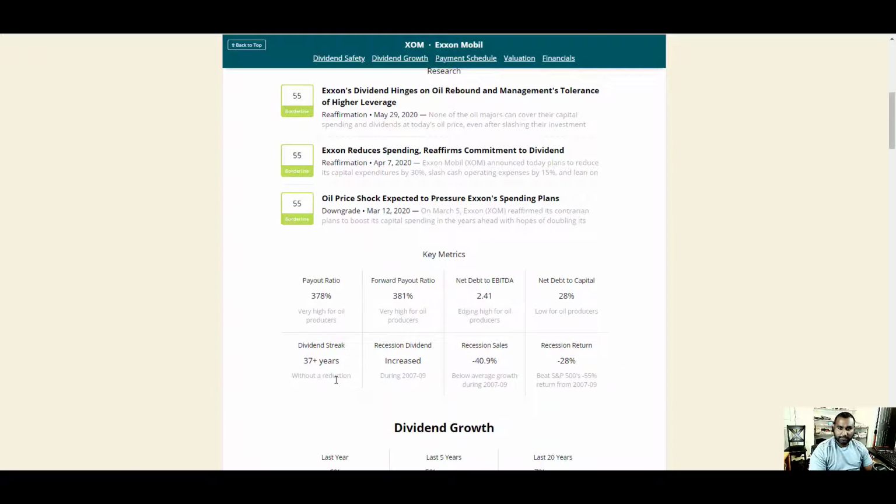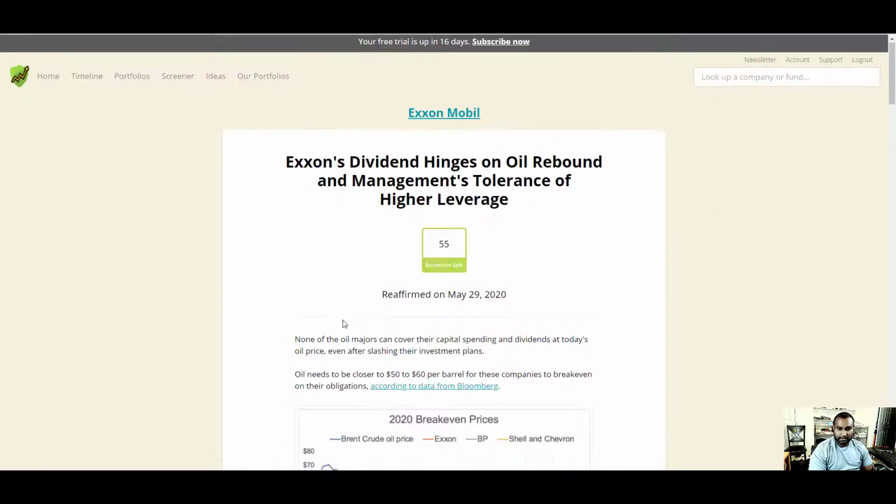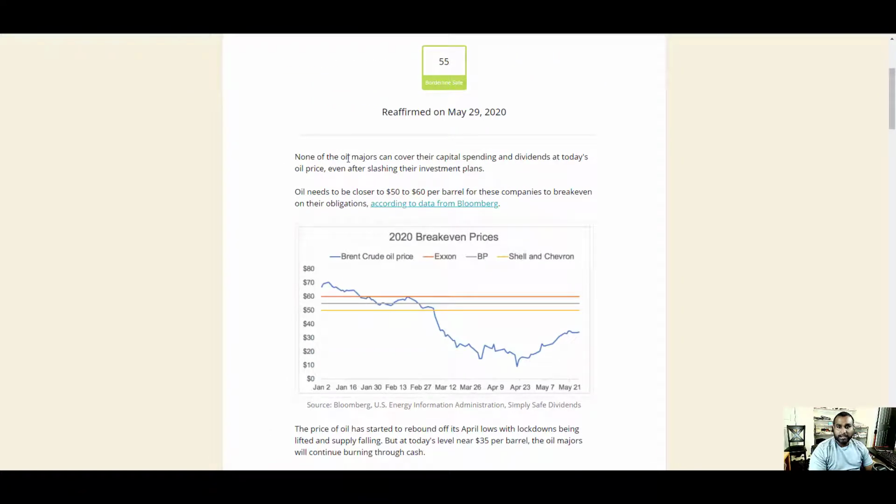Alright, guys, let's look at this. None of the oil majors can cover their capital spending and dividend at today's oil price, even after slashing their investment plans. Oil needs to be closer to $50 to $60 per barrel for these companies to break even on their obligations. What does this break even mean?